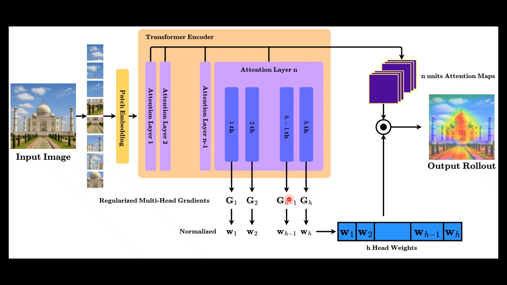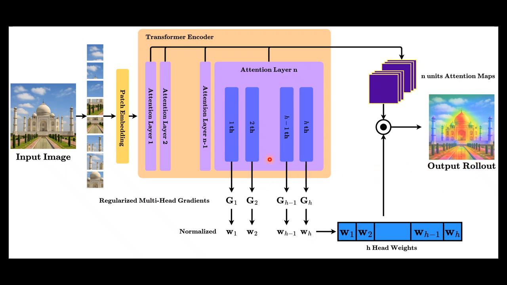As a result, we need to measure the relative importance of these attention matrices. That is why we create a set of weights. How are we going to create these weights? We assume that an attention matrix is going to be sensitive to the output if it is more influential.